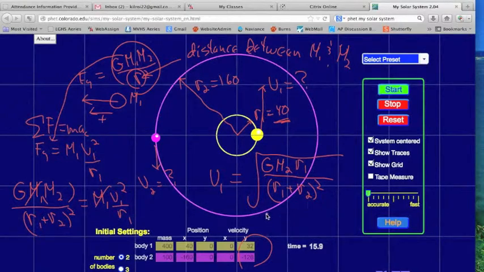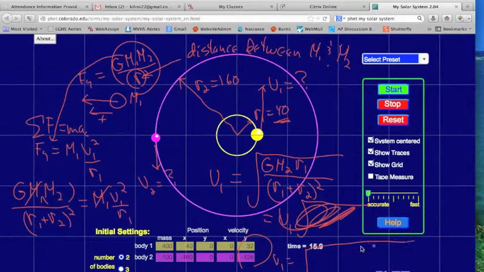If you put in all the numbers, I think it's worth doing here. I won't do it for the other one. Whoops, what am I doing? There's no eraser with this thing. I have to erase everything. So V1 is the square root of 10,000. Remember, this program uses G as 10,000.